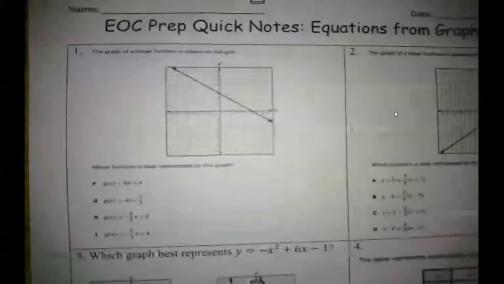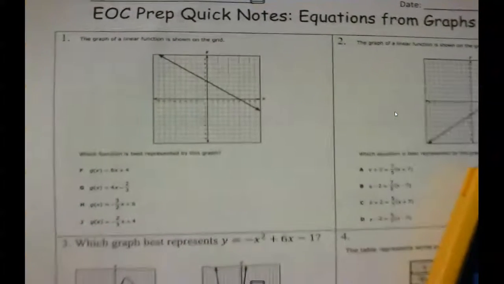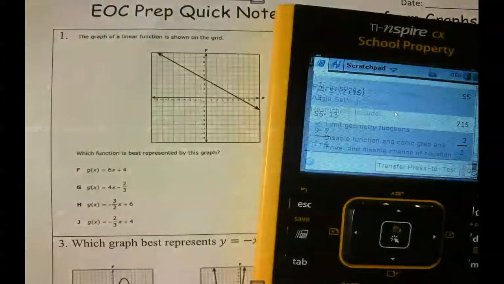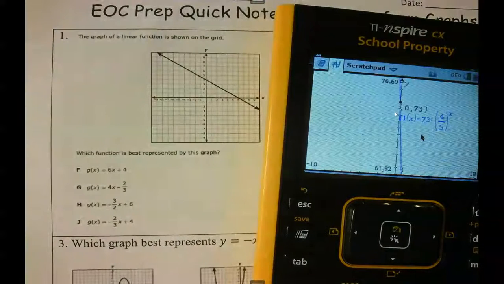So how I would tackle these problems is I would grab my calculator and go to the graph and clear this out.